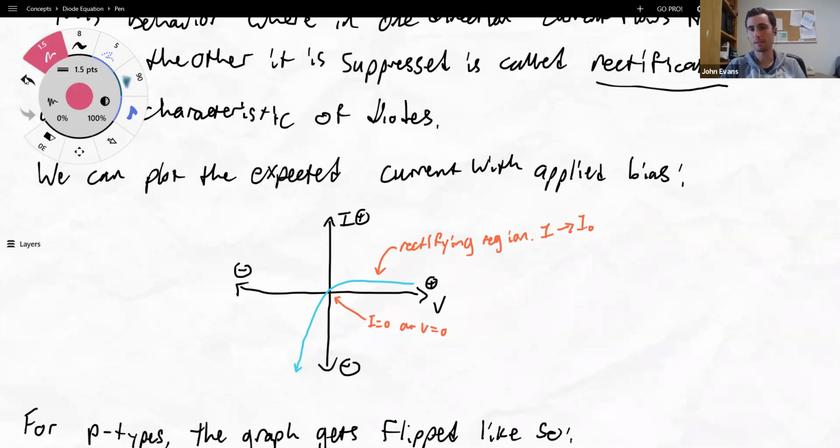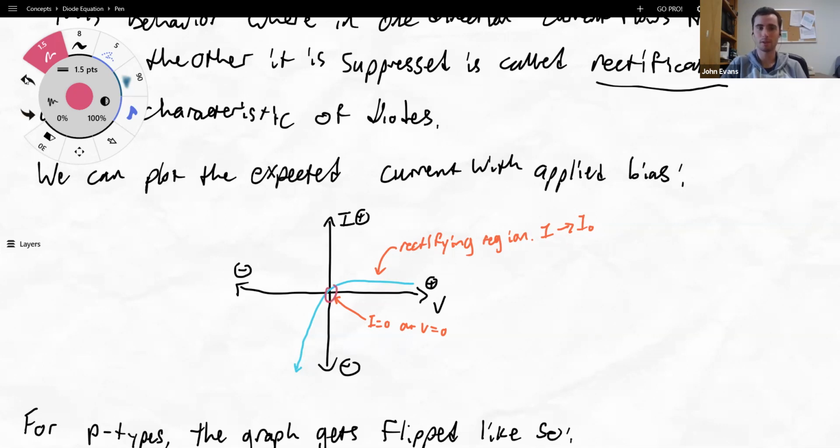So in the positive region where we have a positive voltage, we have the rectifying region. So this is where the current is attenuated, or it doesn't matter how high we apply the voltage, it's going to be at most the exchange current density. So the current approaches I naught.